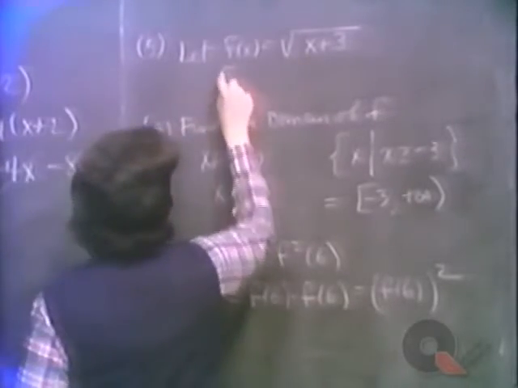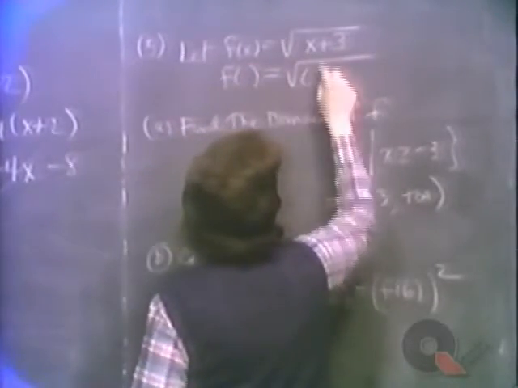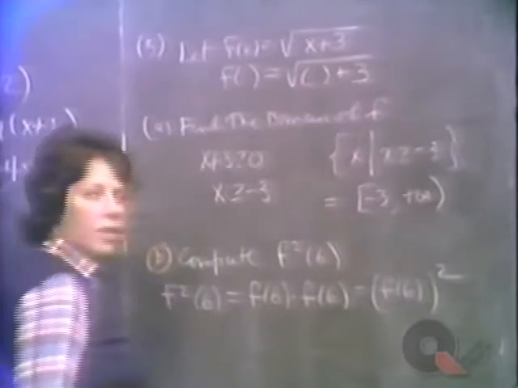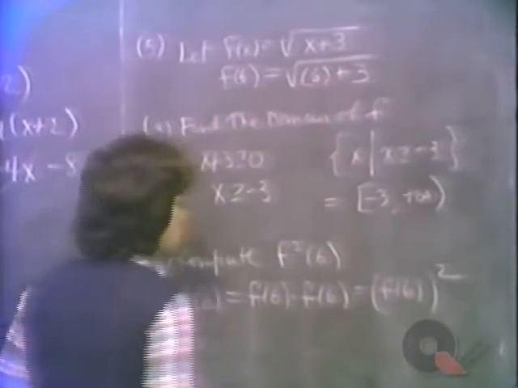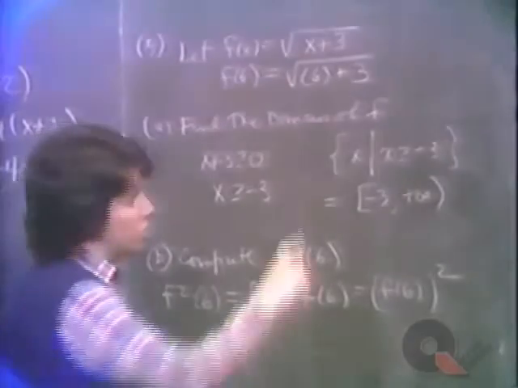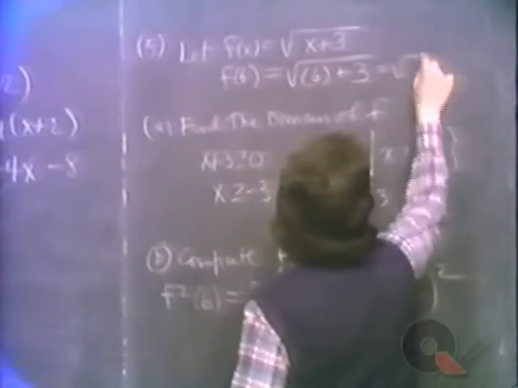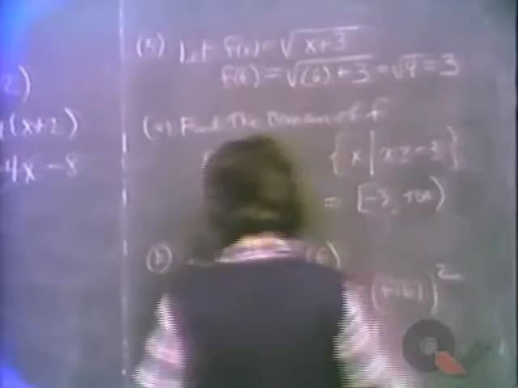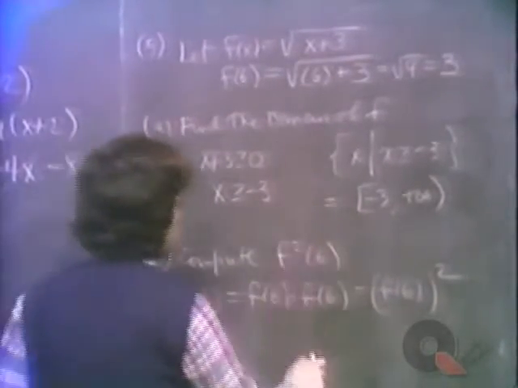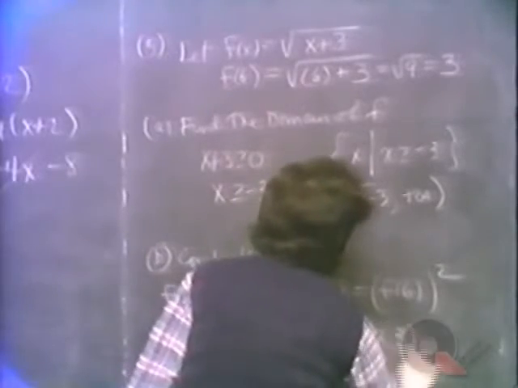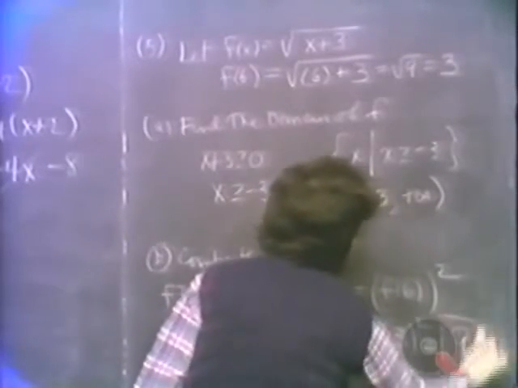F of anything is the square root of that something plus 3. So f of 6 is the square root of 6 plus 3, the square root of 9, or 3. So if f of 6 is 3, then this is simply going to be 3 squared, or 9.